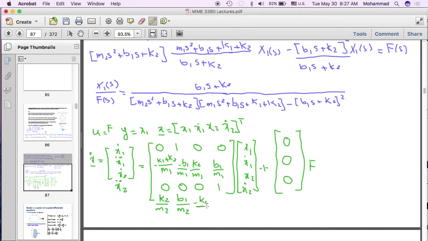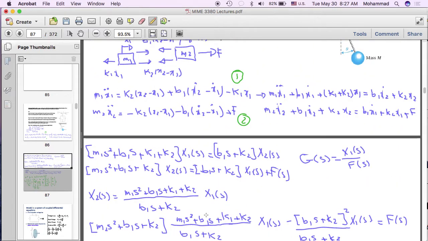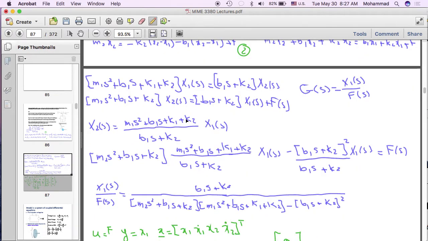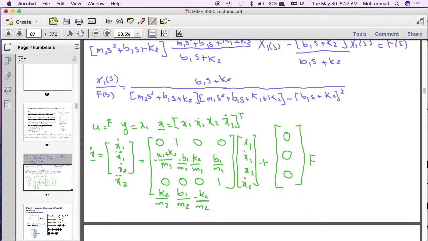And the fourth element is what is multiplied by X2 dot, which is negative B1 divided by M2. And there is a 1 here, divided also by M2, because that's what's multiplied by F.